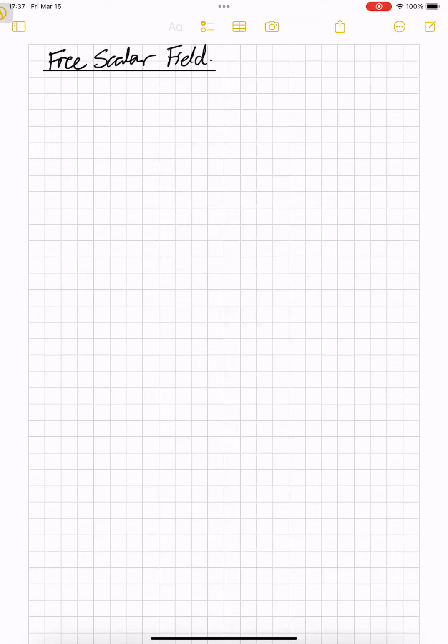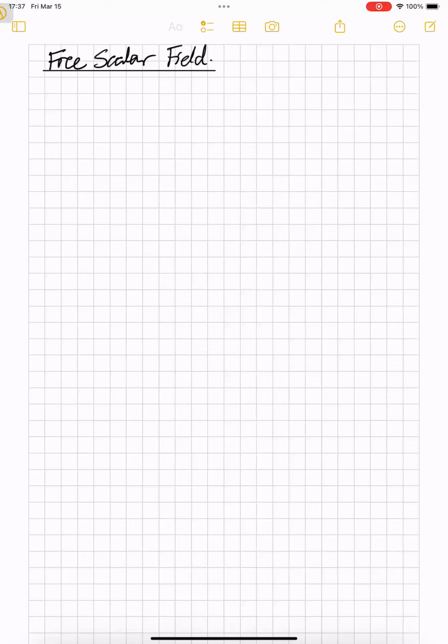This method is not going to work, however, for interacting fields. And for interacting fields, we're not going to be able to write down some axioms and solve them. But I'm going to show you another method of quantizing called canonical quantization. Canonical quantization is a recipe. You're not going to get much intuition, but by using canonical quantization, we're going to reproduce the result for the free scalar field.